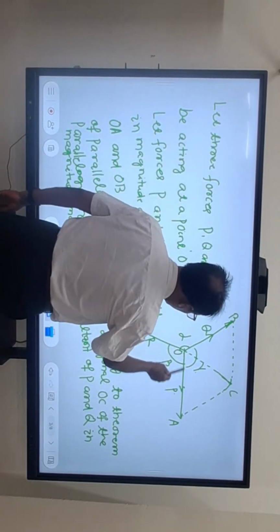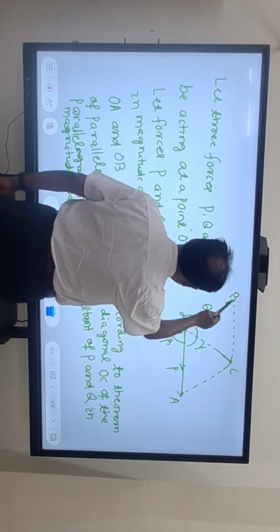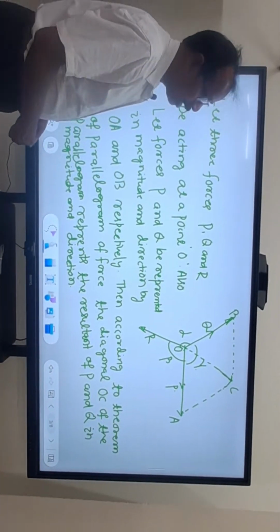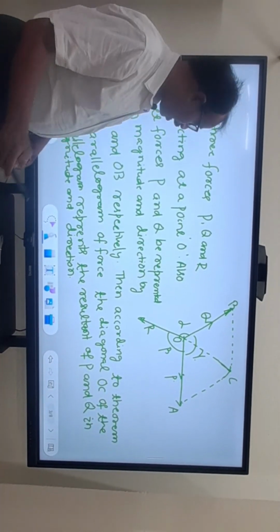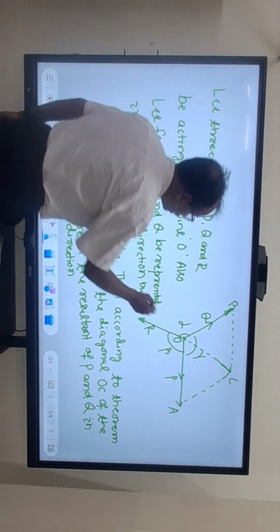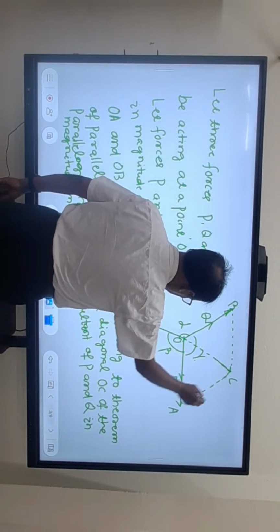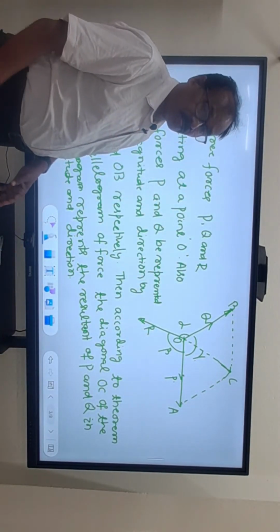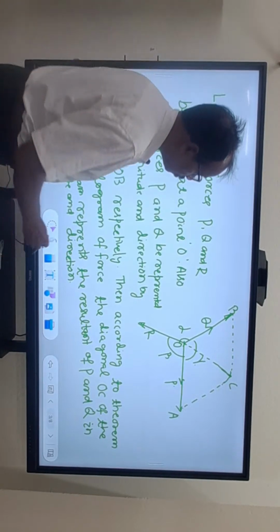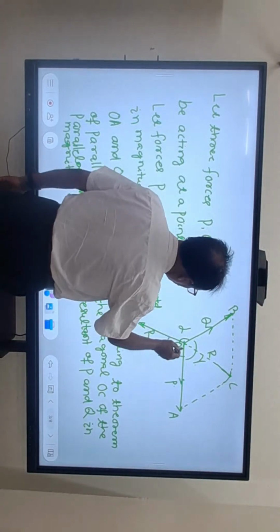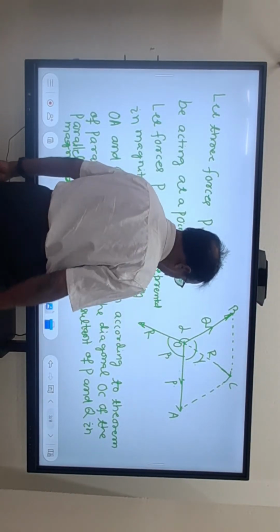Here, OA represents P and OB represents Q. Then, according to the parallelogram law of forces, the diagonal OC of the parallelogram represents the resultant of P and Q.